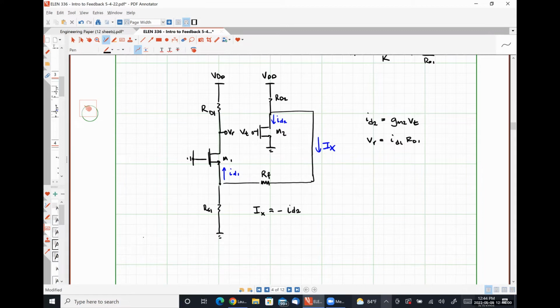So for ID2, since we only have two paths, I'm going to use the current division relationship for only two resistors in parallel, where it's the path you don't want divided by the sum of the two paths.